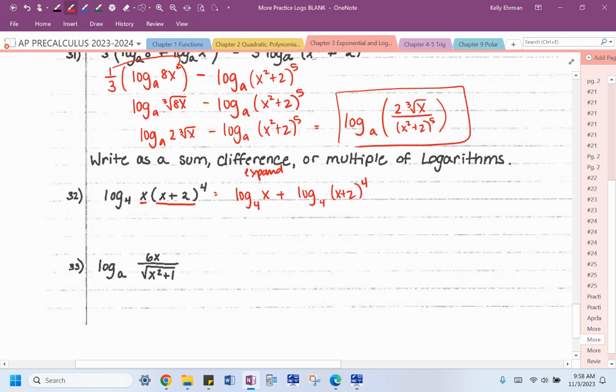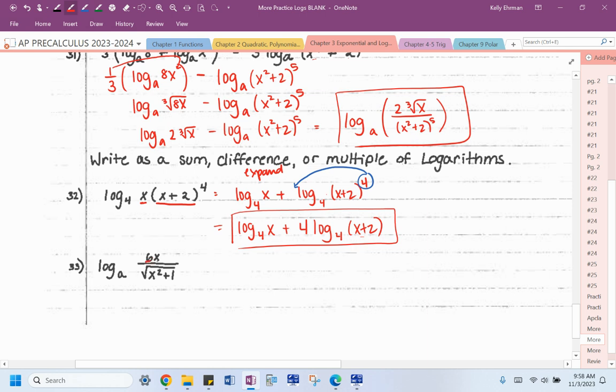You're not fully simplified until you get rid of your exponents that are inside of the logarithm. So log base 4 of x plus 4 log base 4 of x plus 2. And there's no way to split up or expand an x plus 2 or an x minus 2 in a logarithm. So this is as far as it goes.